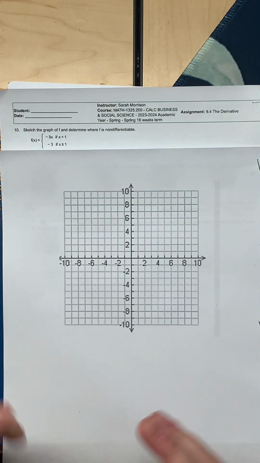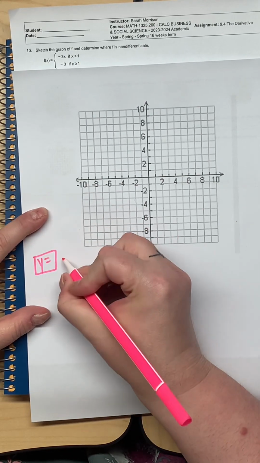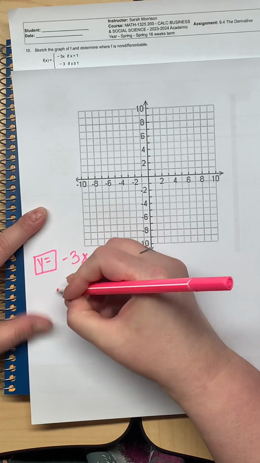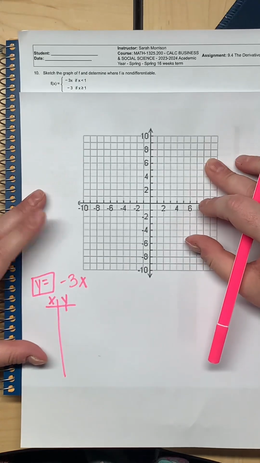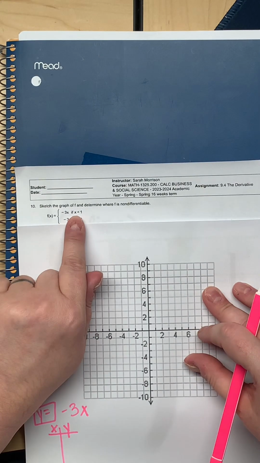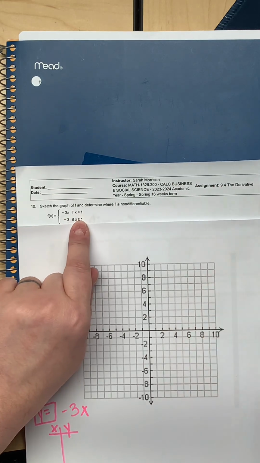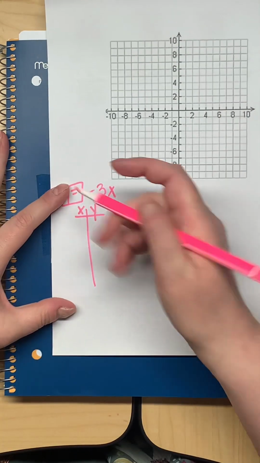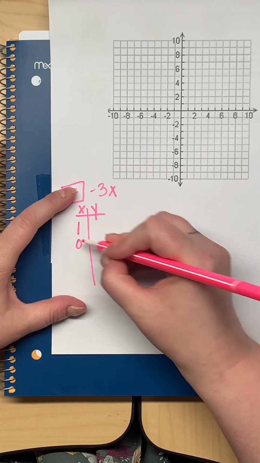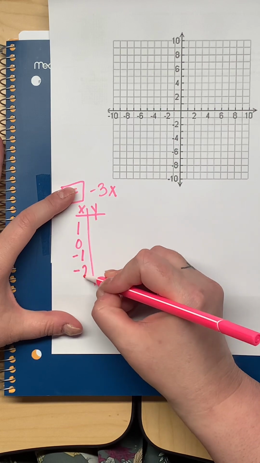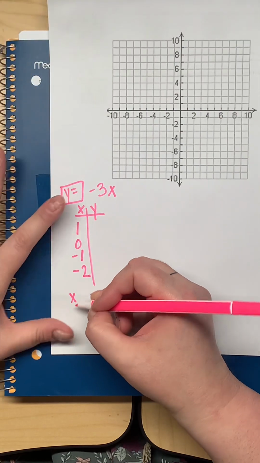So the way I'm going to use my calculator to help me out is I'm going to, in the y equals, type in negative 3x, and then I'm going to look for the t-chart for when x is less than 1, so 1 and everything underneath it, like 0, and then we go into the negatives. So this is for x less than 1.